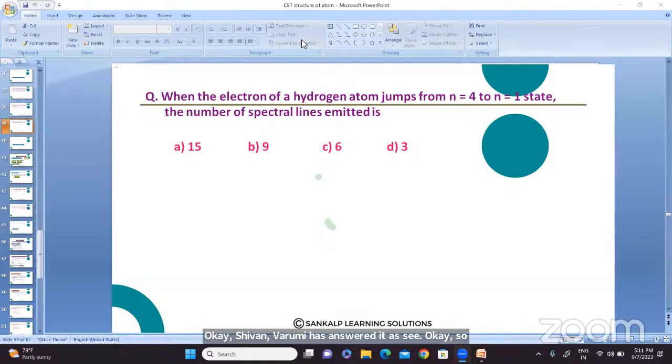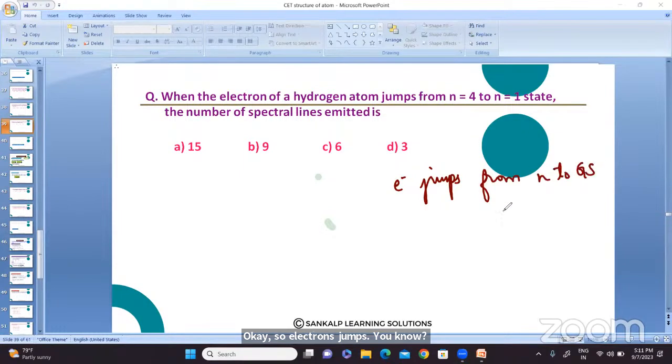The electron of a hydrogen atom is jumping from n equals 4 to n equals 1 state. The electron jumps from the excited state to the ground state, so n equals 1 is the ground state and the excited state is n equals 4.